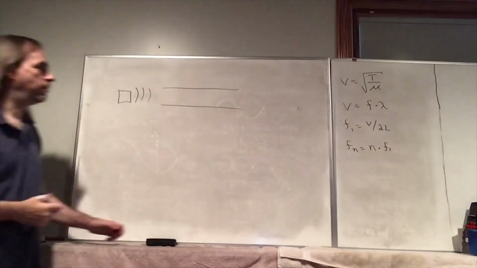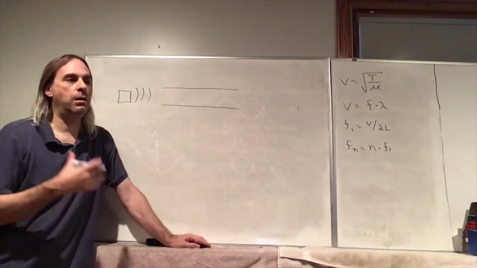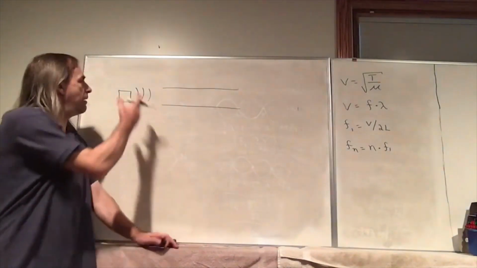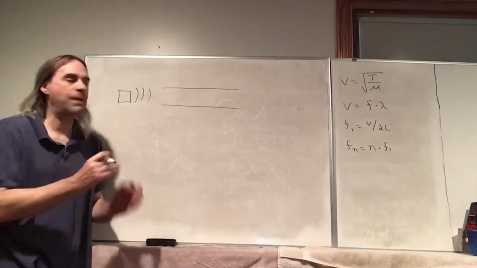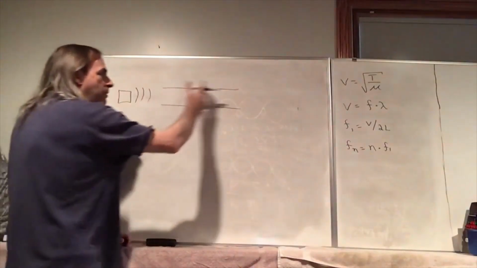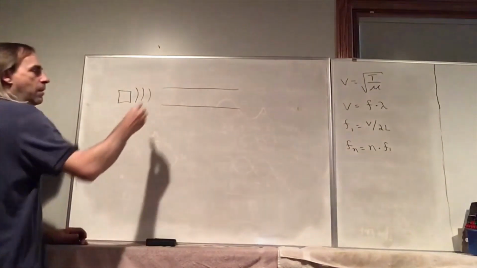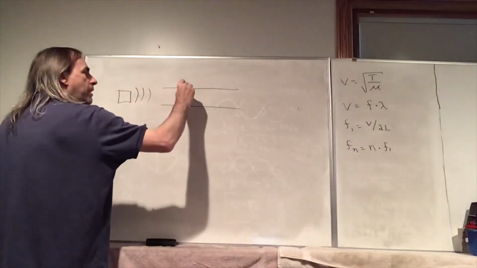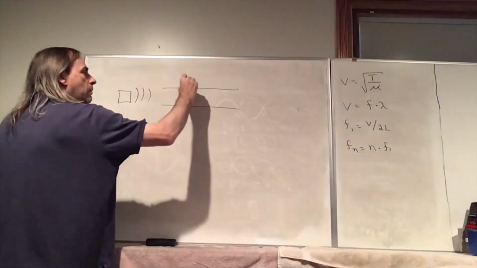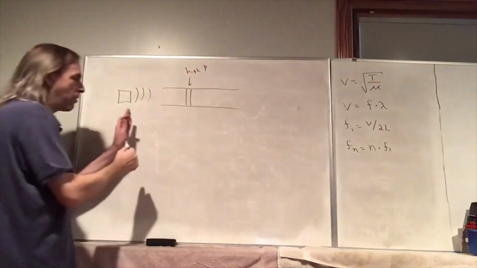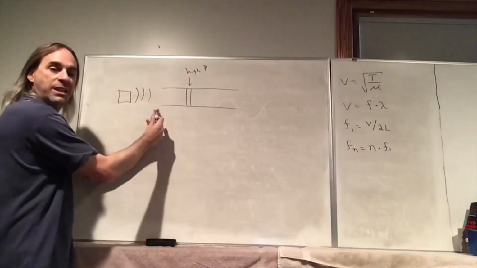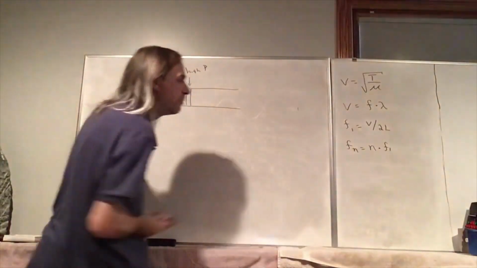And the sound waves are, you've got this membrane that moves in and it compresses the air. So we have a high pressure region, and that moves down the line. So we'll have a high pressure region here. The membrane moves this way, compresses the air, and that high pressure region moves away.